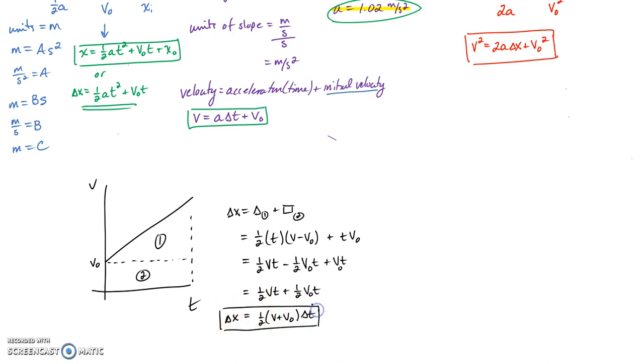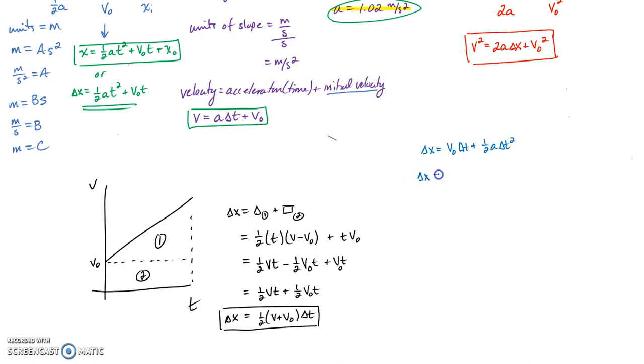And so what that leaves us with are the 4 kinematics equations. So I'm going to rewrite these so we have access to them. One of our kinematics equations is displacement equals initial velocity times change in time plus 1/2 acceleration times time squared.